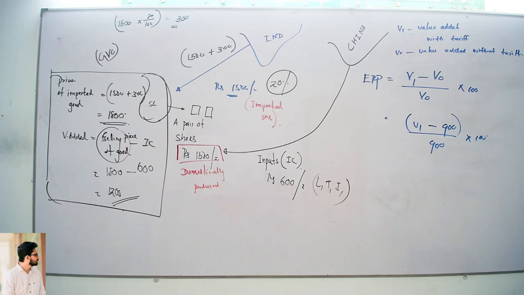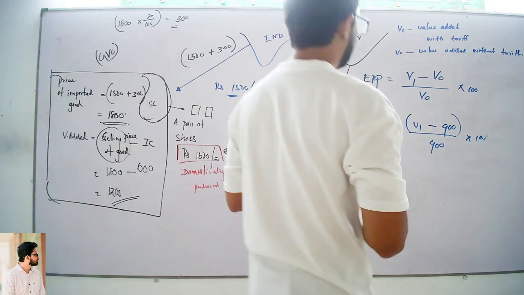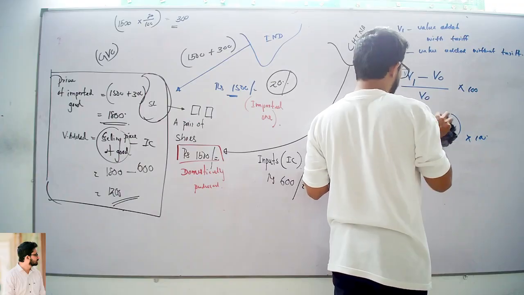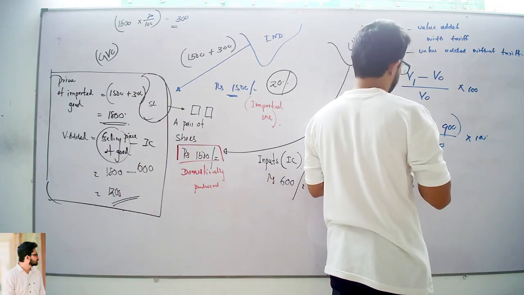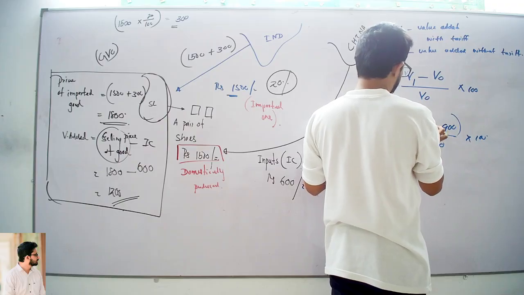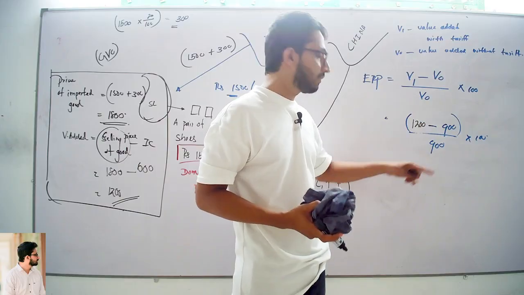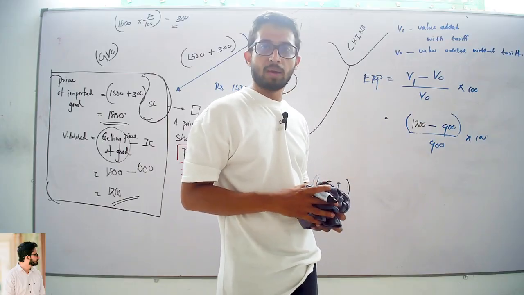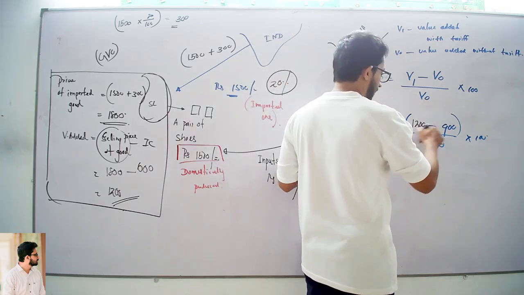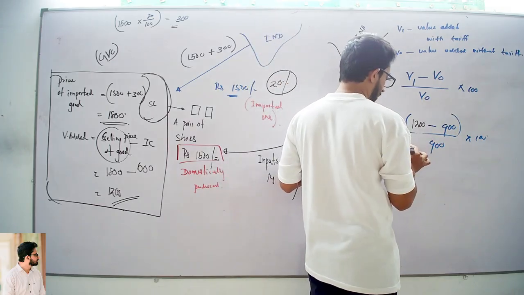Now, value added of the product after the tariff is 1,200. Before the tariff, 900. After the tariff, 1,200. Then take the change. How much? 300.